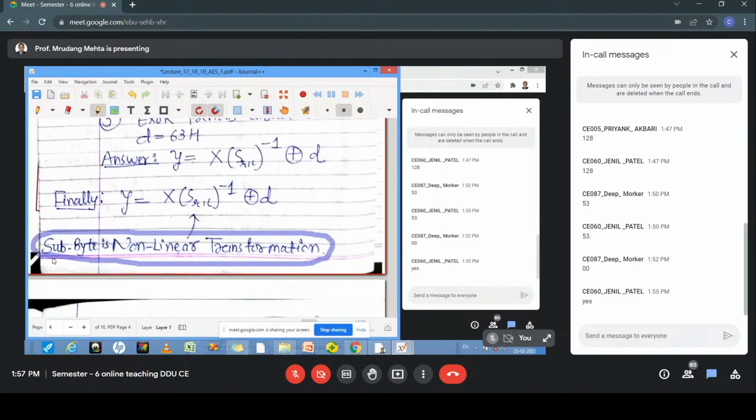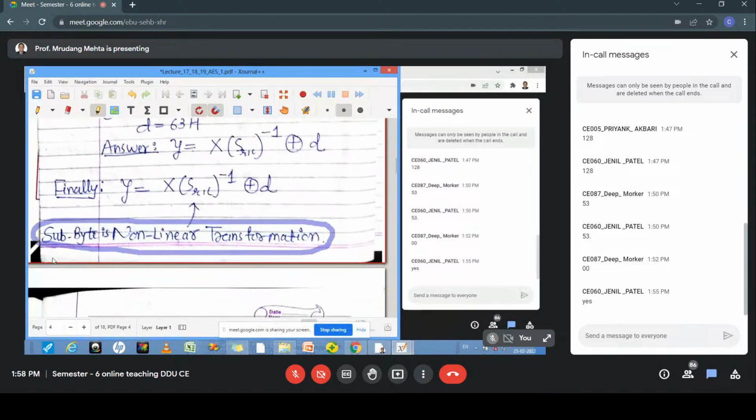Non-linear transformation means S of X XOR Y is not equal to S of X XOR S of Y. If we find at least one pair X and Y for which S of X XOR Y is not equal to Sx XOR Sy, then it is considered non-linear.